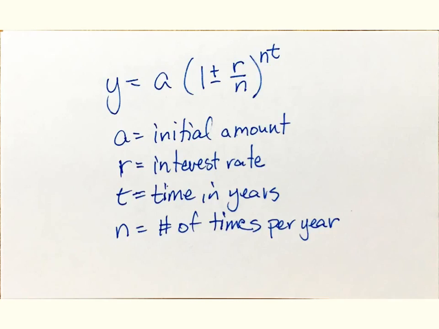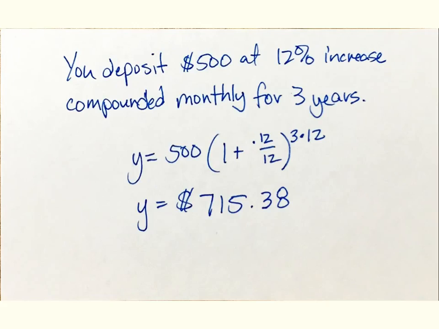So let's look at an example. Here, we are depositing 500 at 12% increase, and in this case it is compounded monthly. This is the same problem we had in the first problem, except that was compounded annually. This is compounded monthly for 3 years.